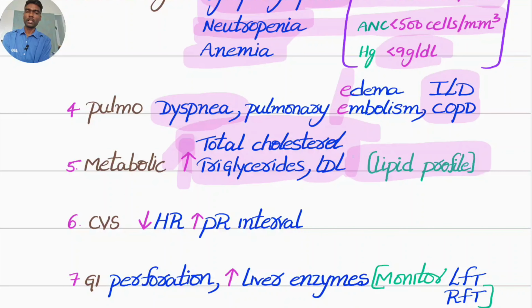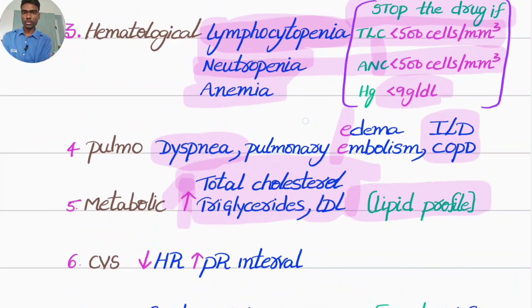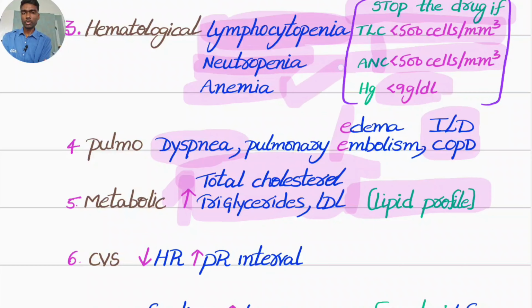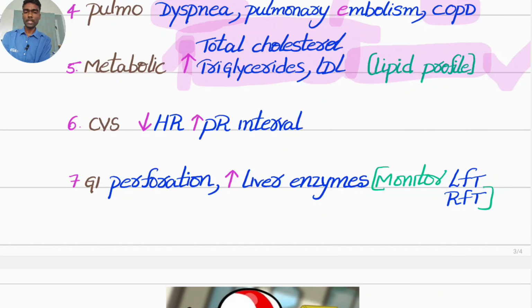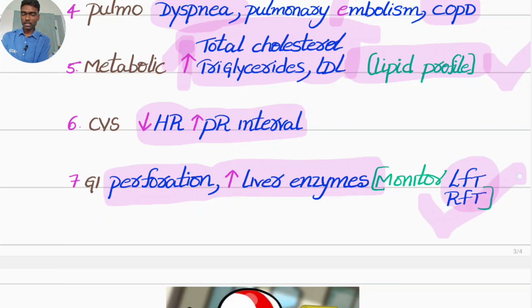We have to monitor lymphocytes, neutrophils, and hemoglobin, monitor lipid profile, check for any TB, other viruses, hepatitis B, hepatitis C. CVS: reduced heart rate, increased PR interval, GI perforations, increased liver enzymes, that is liver enzyme derangement. So monitor LFTs and RFTs also. By RFT, since 30% is getting excreted via kidney, organ function baseline and monitoring also we have to do.